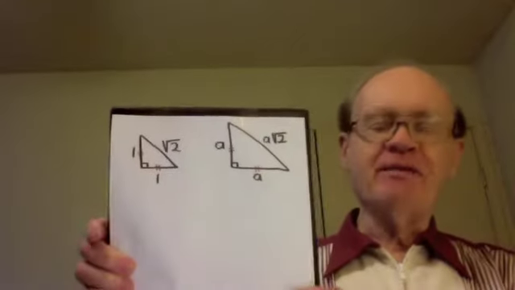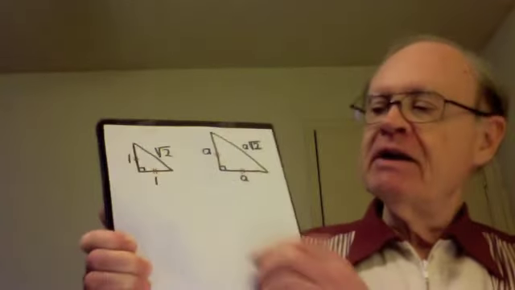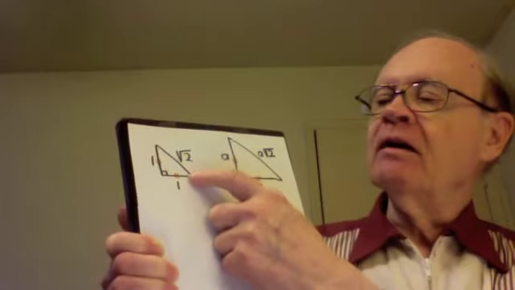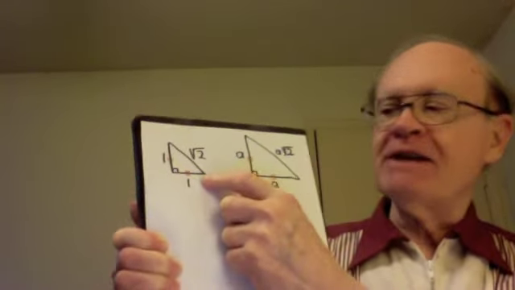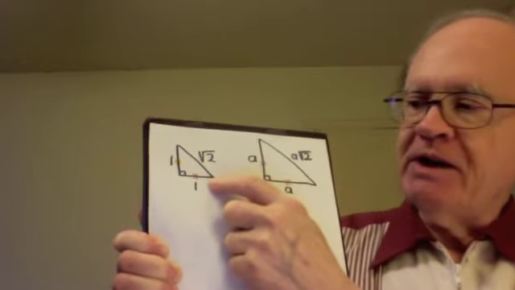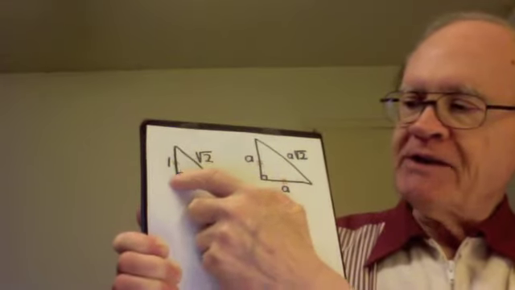The solution to this challenge depends on the two special right triangles of high school geometry. One of them is known as a 45-45 right triangle because each angle, aside from the right angle, is 45 degrees. It's also known as an isosceles right triangle. That means both legs are the same length.